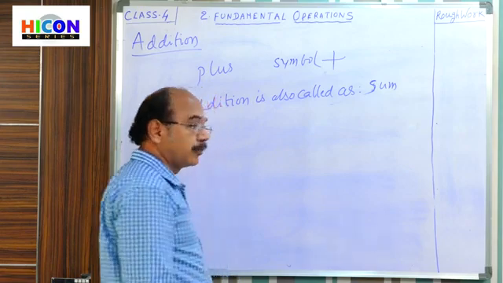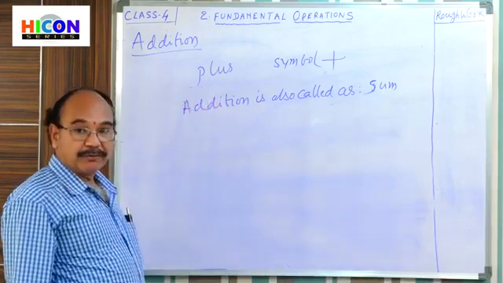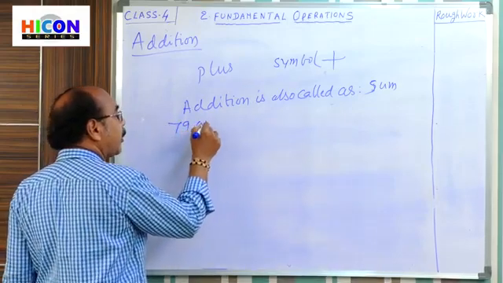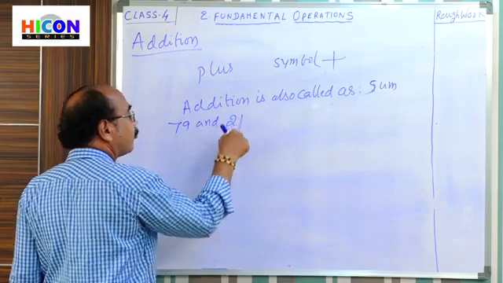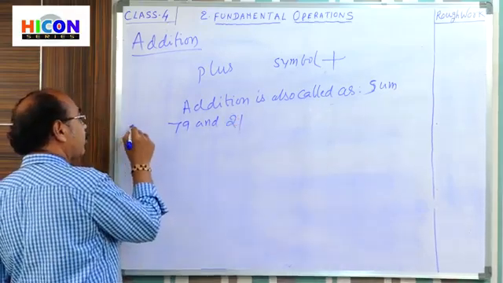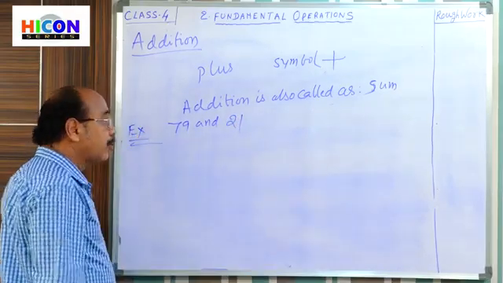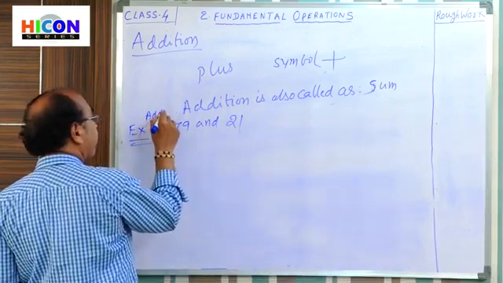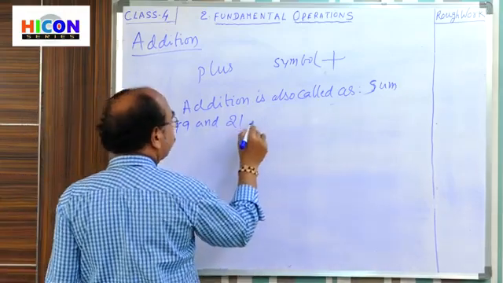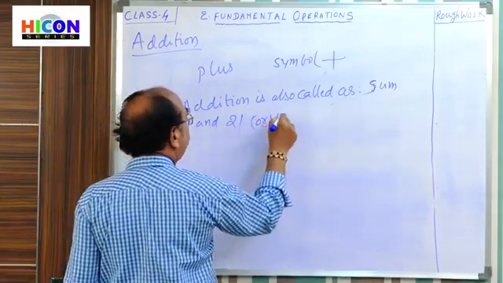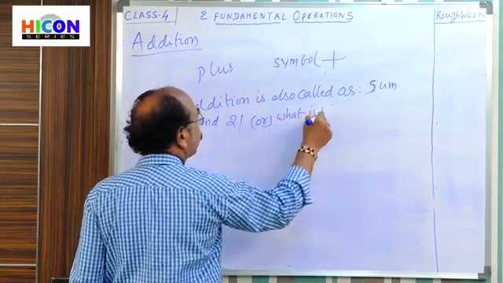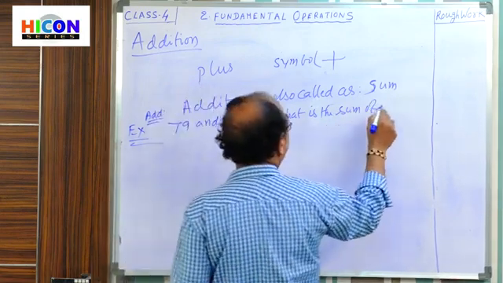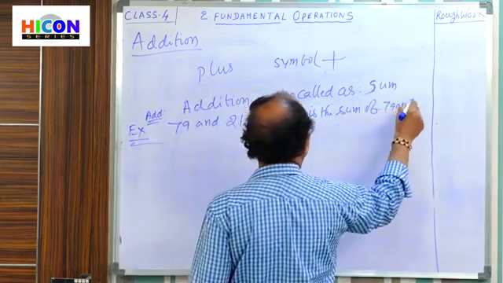Also we can use: find the sum of, suppose, find the sum of 79 and 21, for example. Otherwise, what we can write? What is the sum of 79 and 21?